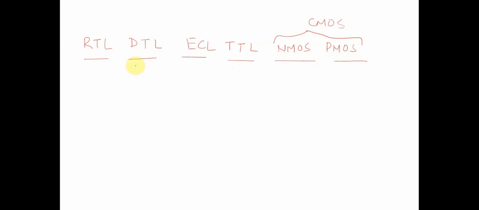Each of these logic families has its own set of constituent elements or transistors, as we would say. And how do we choose which particular family of IC logic we need to use, right? When we are looking for an AND gate, which IC logic family should we use to make it?